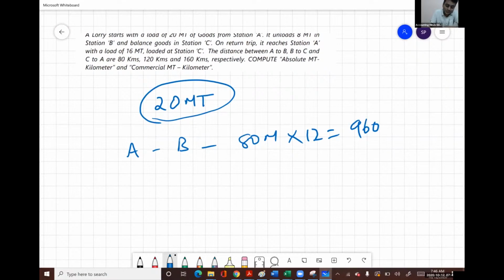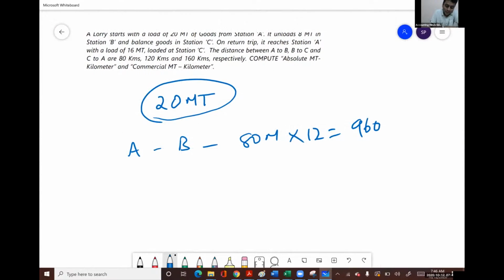Now, what about B to C? How many metric tons? 8 metric tons were unloaded in B, right? Correct or not? Yes, sir. My bad, this is not 80.